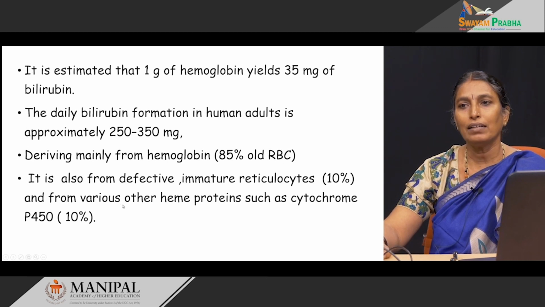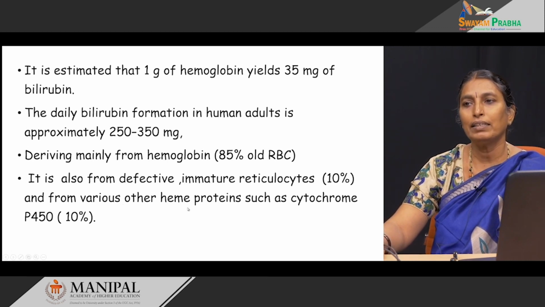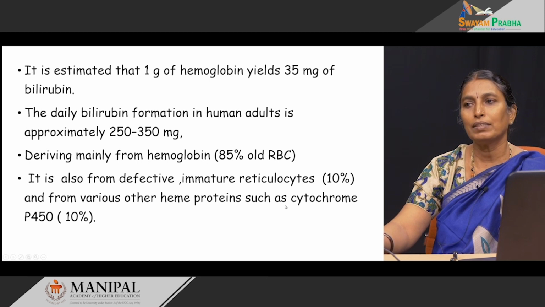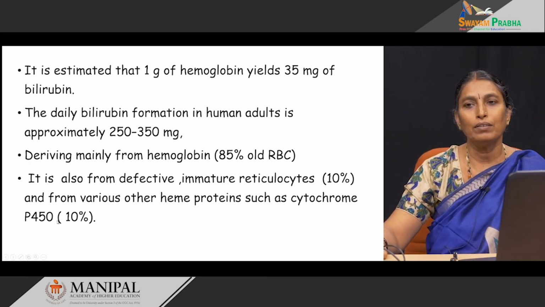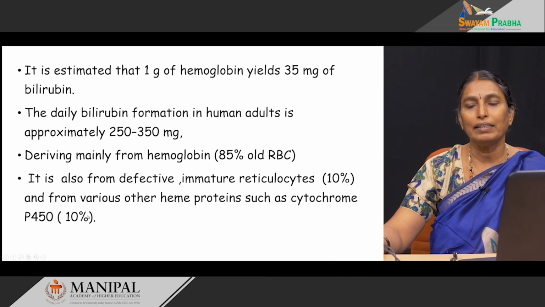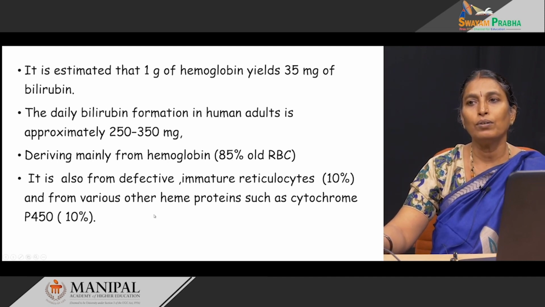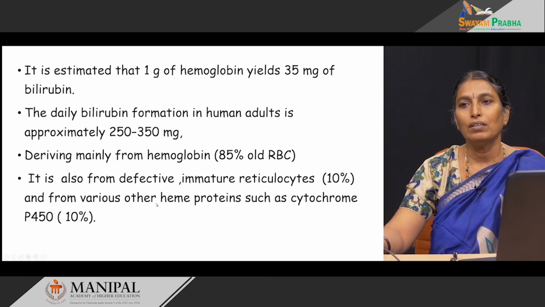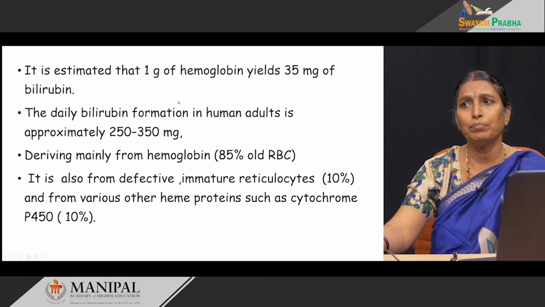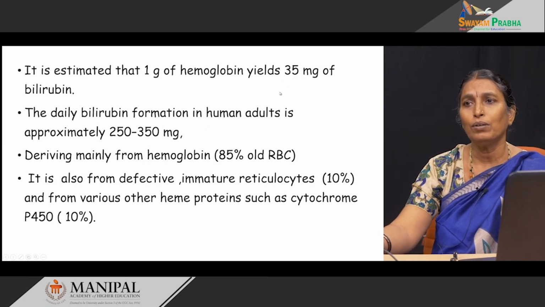Along with this, there are many other heme proteins, such as cytochrome P450 as well as myoglobin, all those things. They are nearly 10% and also release heme into the macrophages. So, together 6 to 7 gram of hemoglobin will be converted to bilirubin.